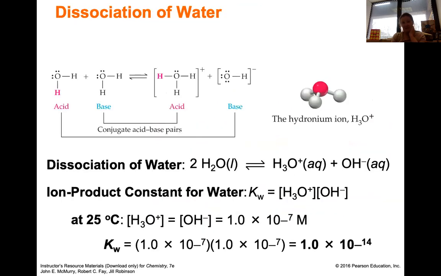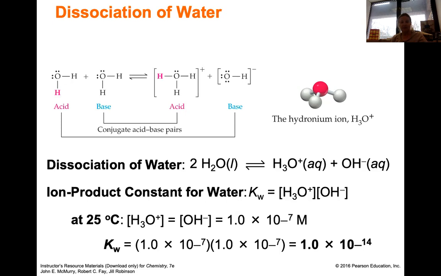Okay, so water by itself is interesting. If you just have a tub of pure water, what you actually have is mostly water, mostly H2O, but a little bit of water dissociates with itself. So one of the water molecules can act like an acid and one would act like a base.